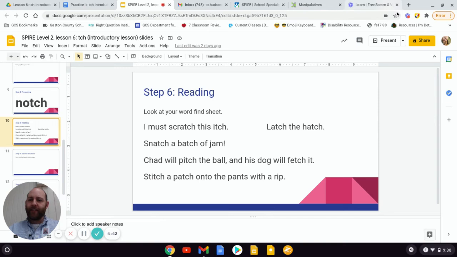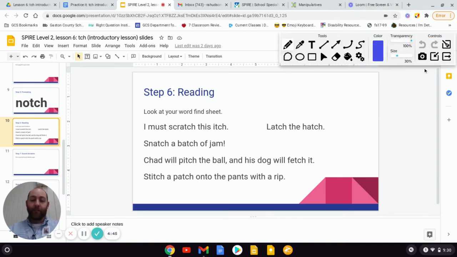For these sentences, you will not have a copy of these, but I do want you to look and watch closely as I go through and circle the words with the TCH in them. We're going to read the sentences together. I'm actually just going to put the smiley face to show that they do say that one sound.